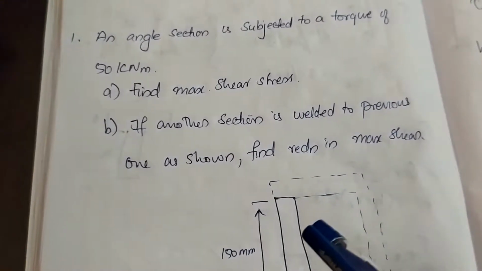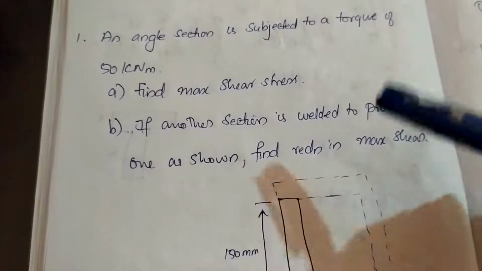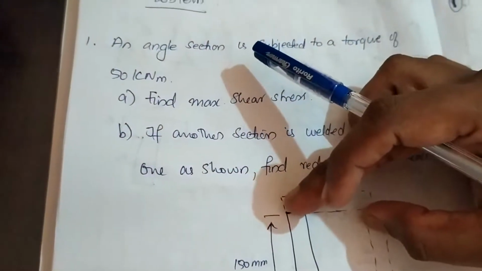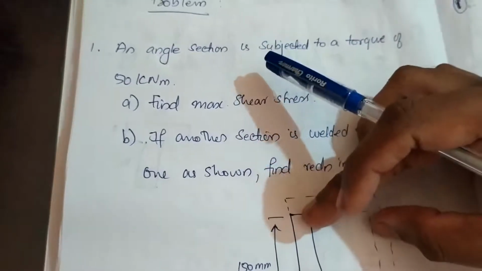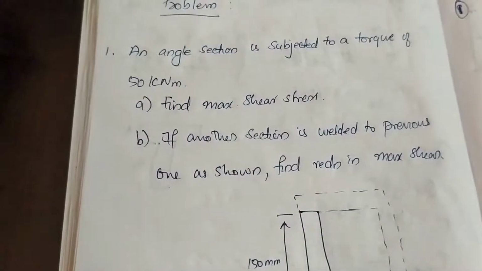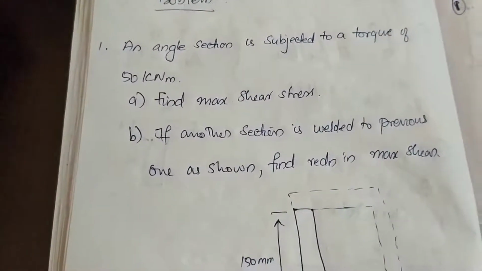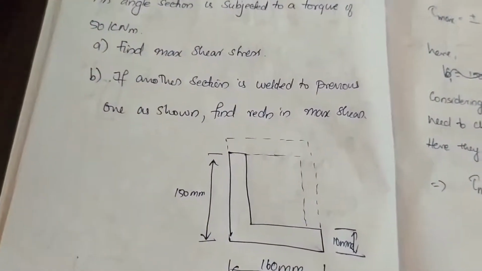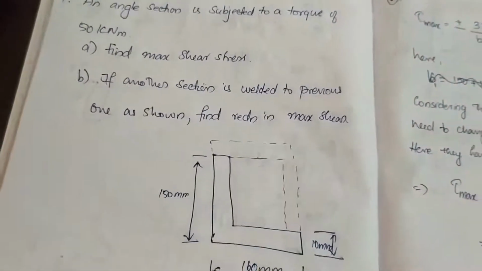That is the first question. The second one is, if another angle section of the same cross section is added to it, it becomes a square. What will be the shear stress in that, and what is the reduction in shear between the two cases?